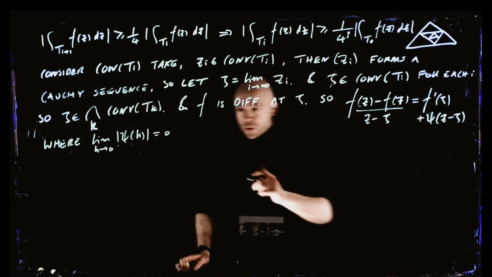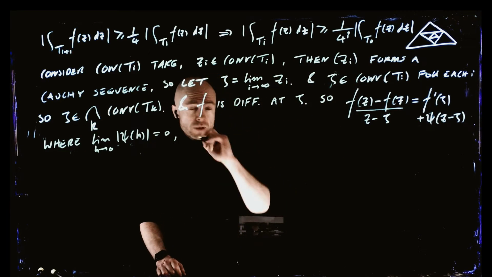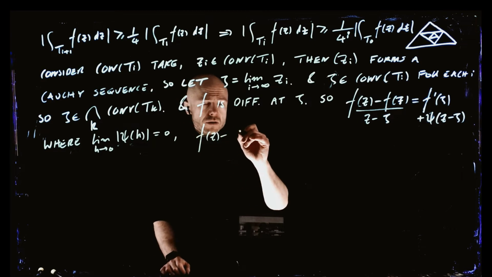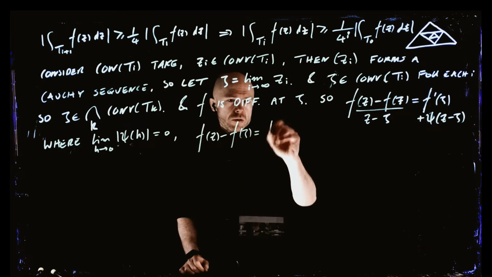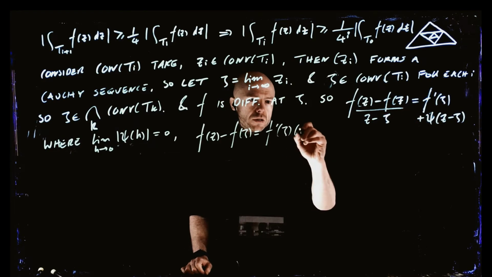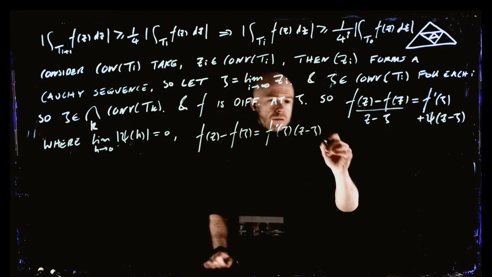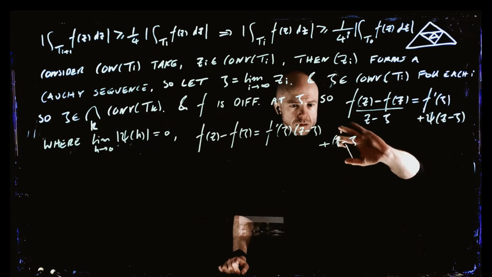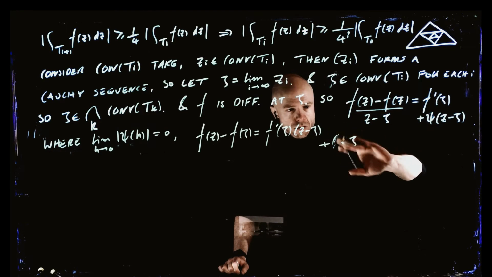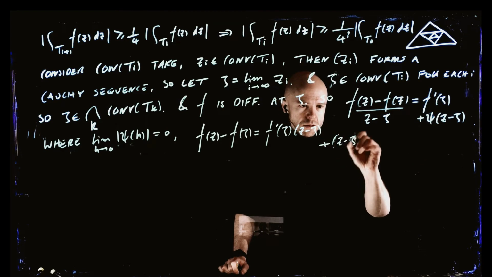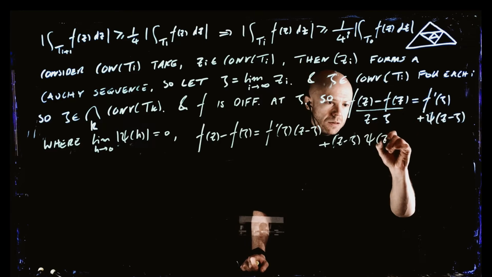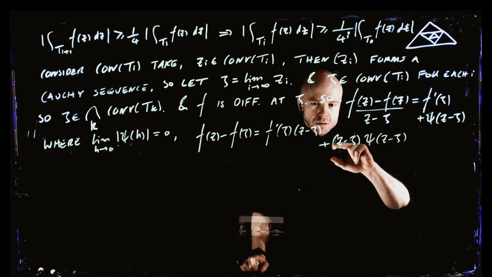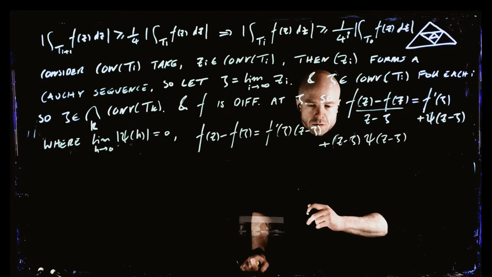So we can unwrap this, and what do we have? We have that f of z minus f of zeta is equal to f prime of zeta times z minus zeta, plus z minus zeta times this guy here. Cool.